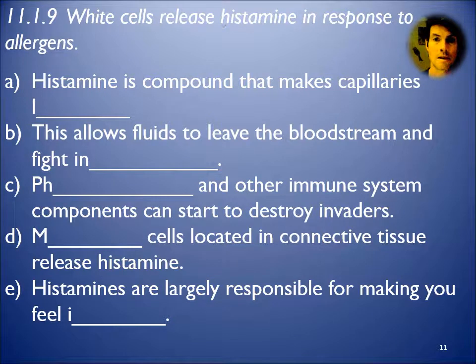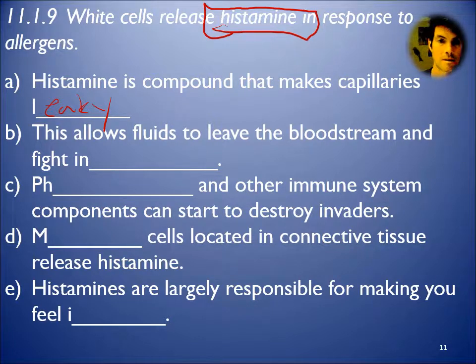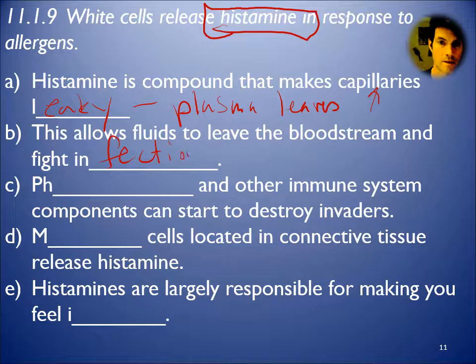So, histamine. You guys with allergies, you know about this. It makes you itchy, sneezy, and it makes capillaries leaky, so that plasma leaves the capillary, and that allows the white blood cells in there to go out and fight infections.